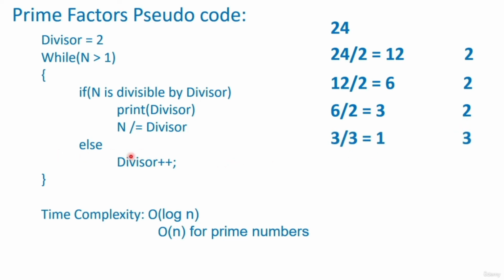So we are moving on to the else condition and we will do divisor plus plus, and the divisor value will now become 3, and 3 is divisible by 3, then we get 1 and we are going to print 3. So the while loop condition is violated here and we get our answer printed. Okay, this was the pseudocode.